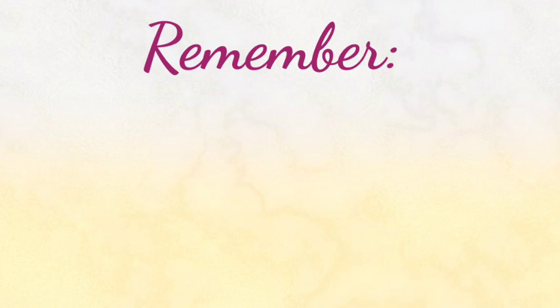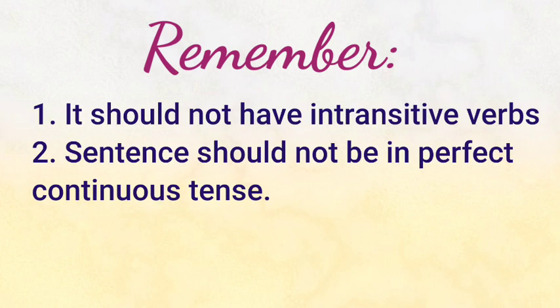Now, students, you need to remember that a sentence can only be converted from active to passive voice if it follows two conditions. First, that it should not have intransitive verbs. For example, I sleep peacefully. Here, the action of sleep is complete without any object. So, we cannot convert this sentence into passive form.